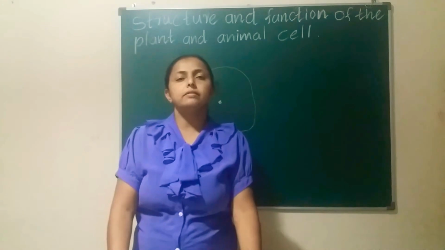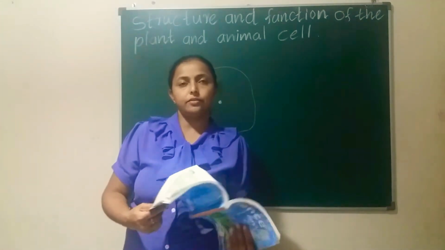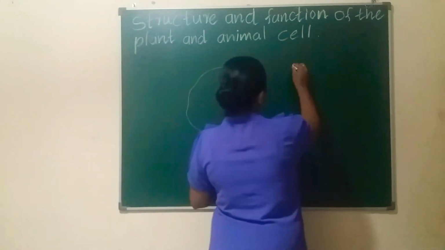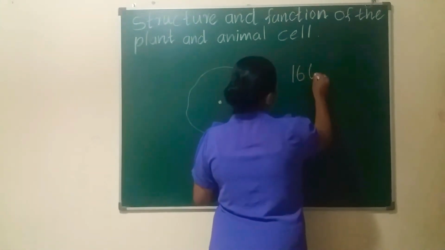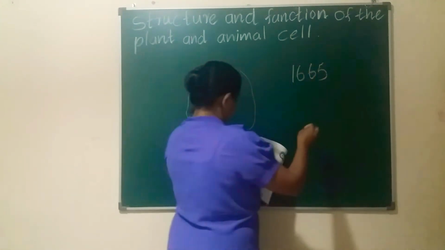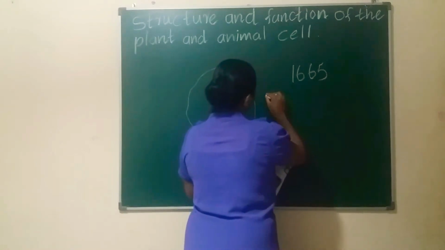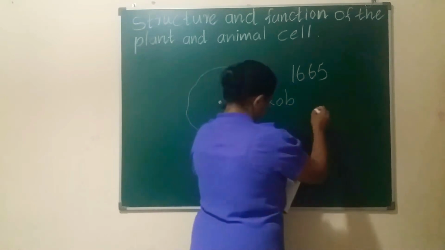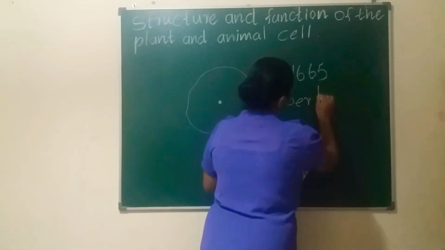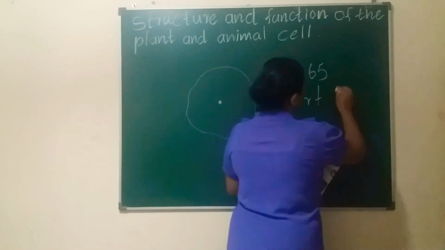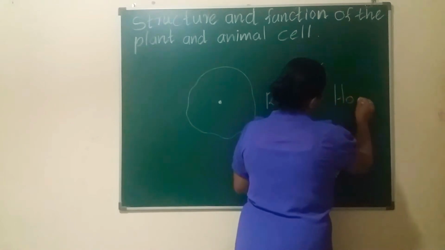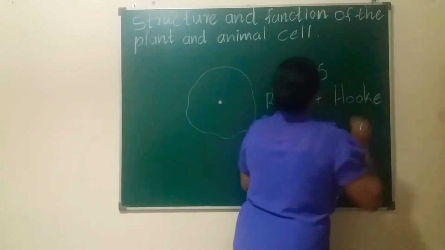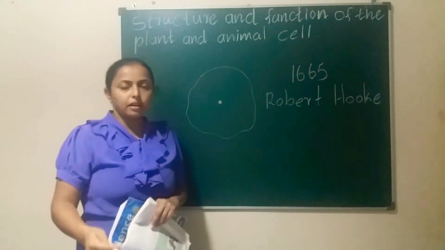In 1665, Robert Hooke discovered the cell.